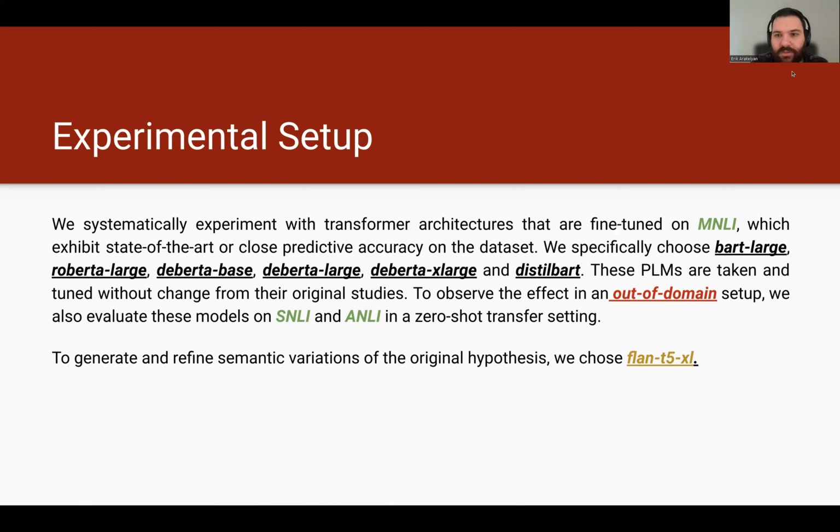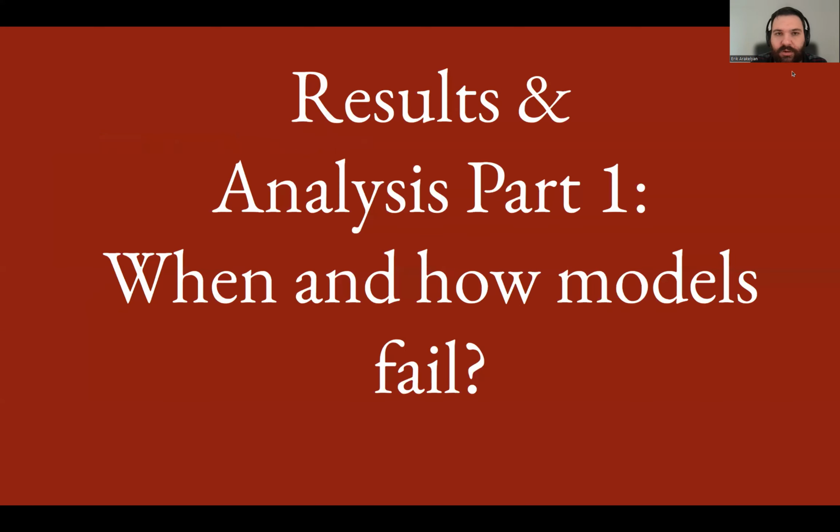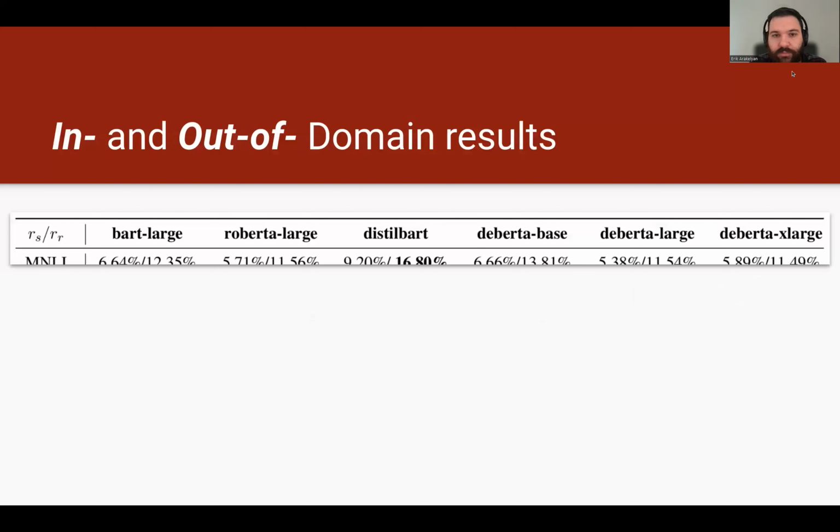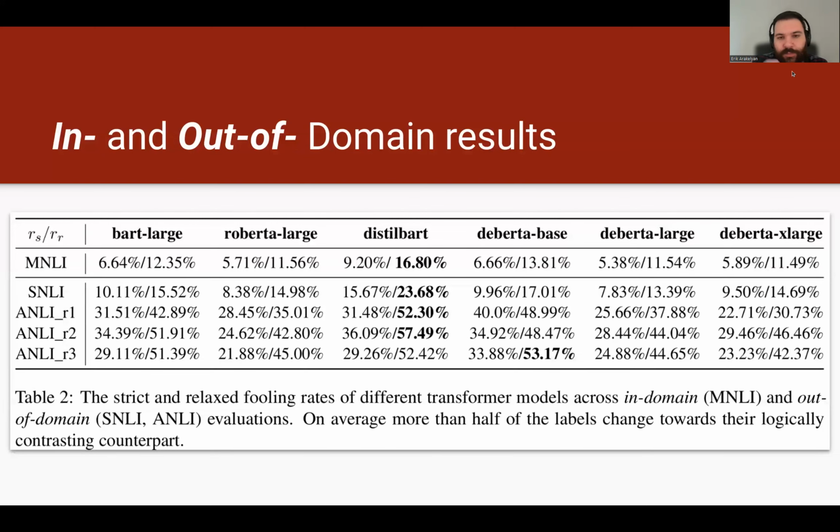Okay, so this is everything that we will be covering. So part one of the results: when and how do models fail? If we purely look at this graph, there are a lot of numbers. We need to give a breakdown, but just eyeballing it, we see that there are numbers that are getting pretty unreasonably high for label changes.